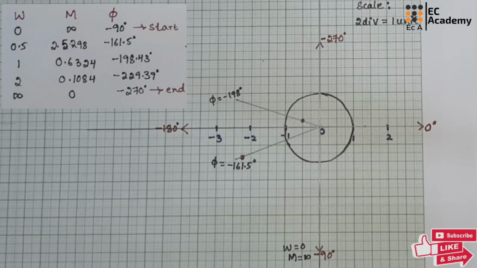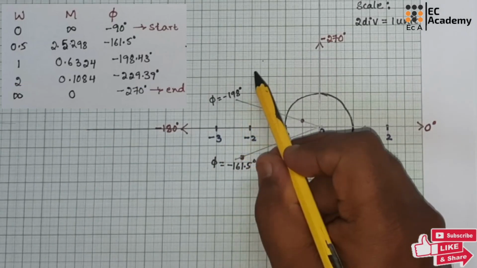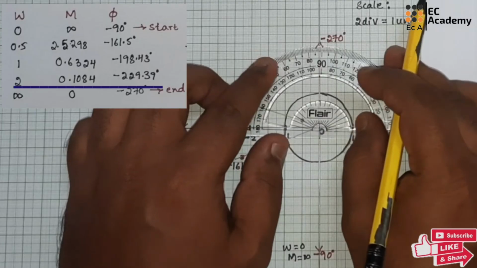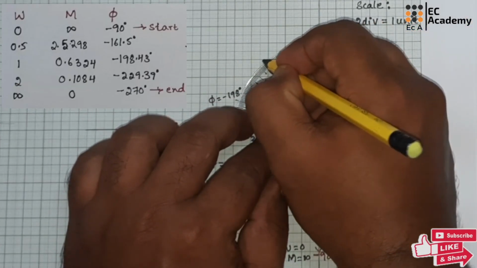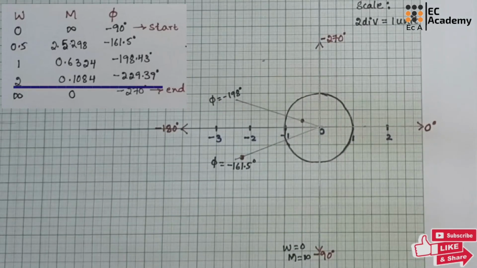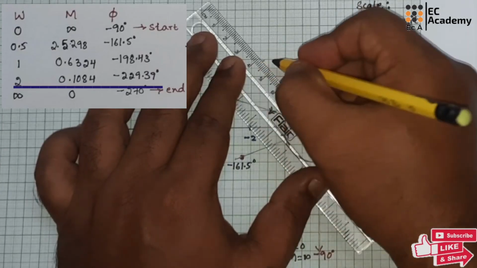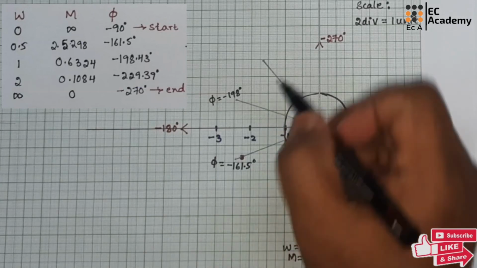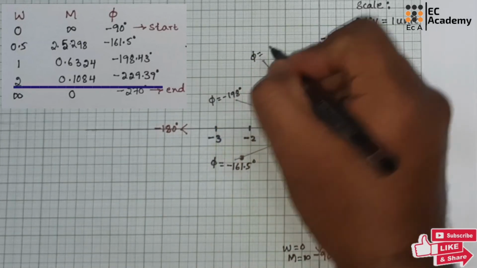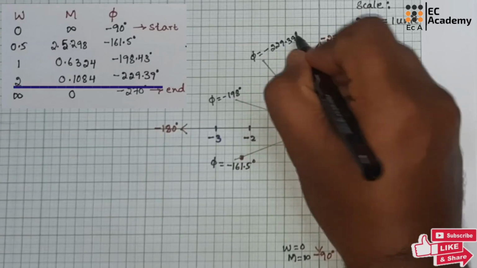The next phase value is minus 229.39 degrees. That will be approximately 50 degree from minus 180 degree. If you measure using a protractor approximately 50 degree, we will get a point here. Let us draw a tangent from the origin, and this phase value is approximately minus 229.39 degrees.